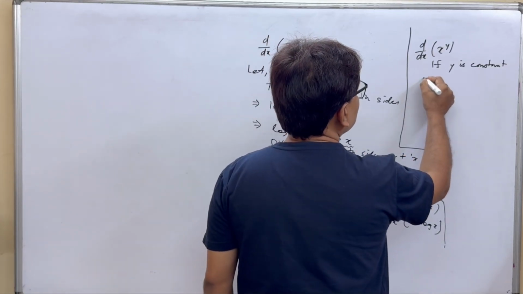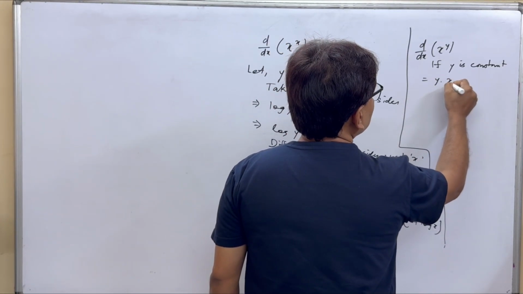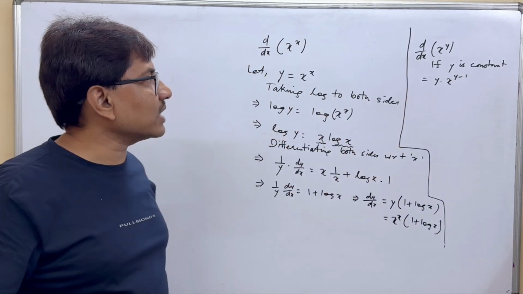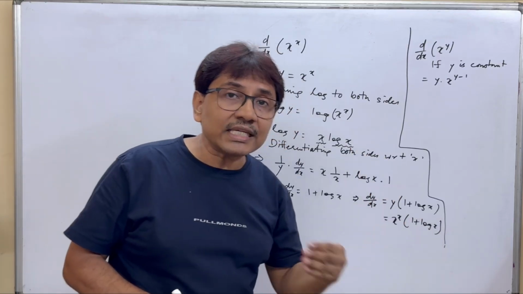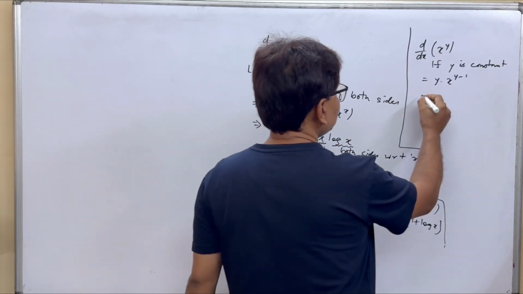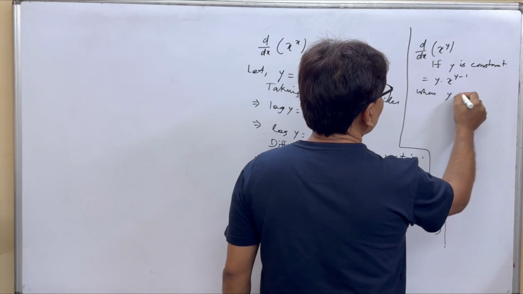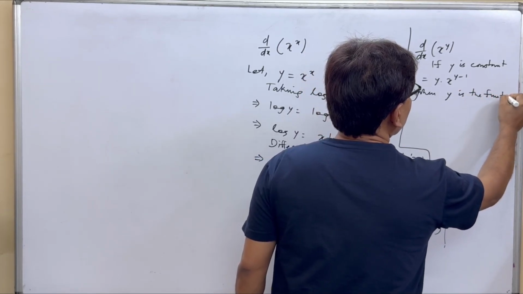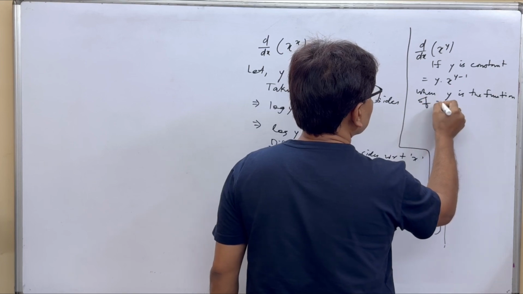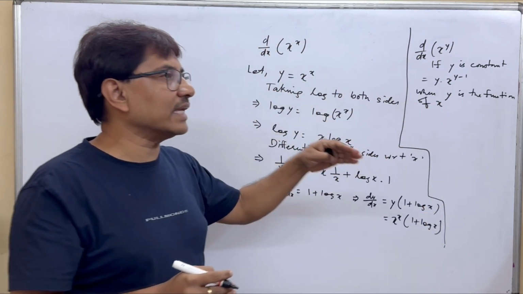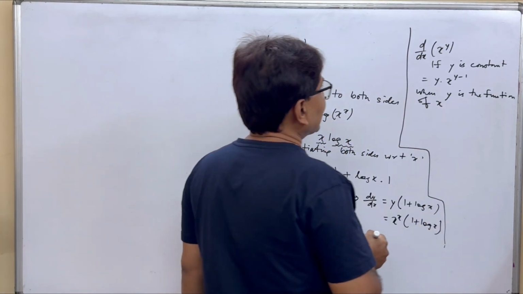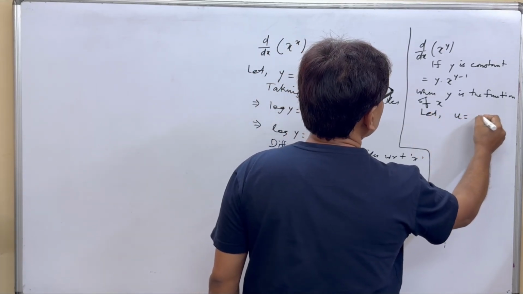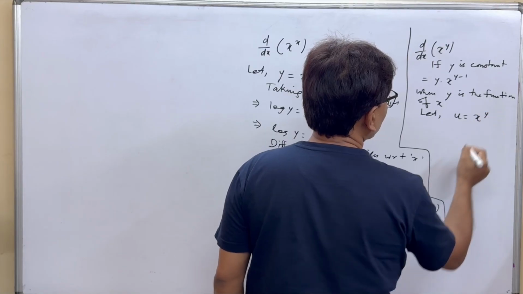So we can tell that y dot x to the power y minus 1. This is the direct answer we are getting. But when y is a function of x, meaning we are treating y as a function of x, then let u equal x to the power y.